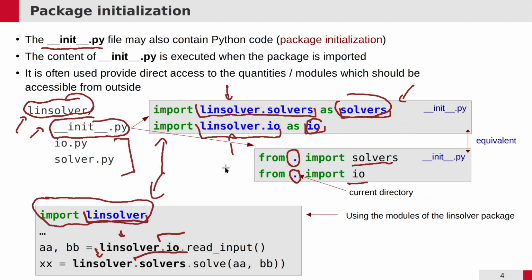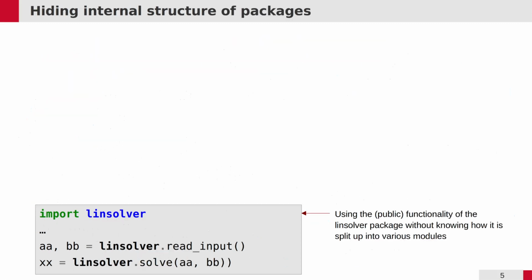But if our project has only a few functions, then it's probably overkill that the user of our package has to remember that the read input method was in the io module, and the solve function was in the solver module, especially if each of the modules is only exporting one or two public functions.